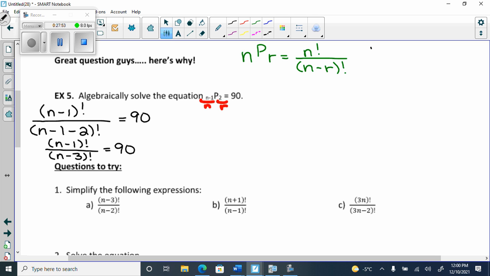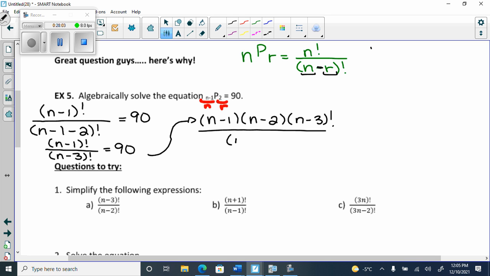Then you need to solve. Okay, we're going to get n minus 1, n minus 2, n minus 3 factorial. Okay.